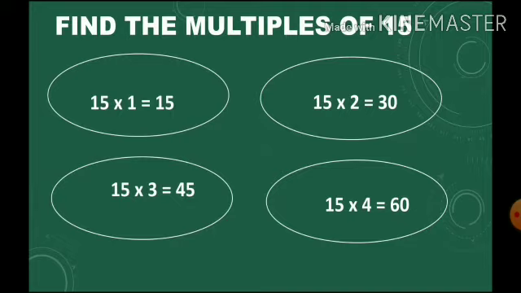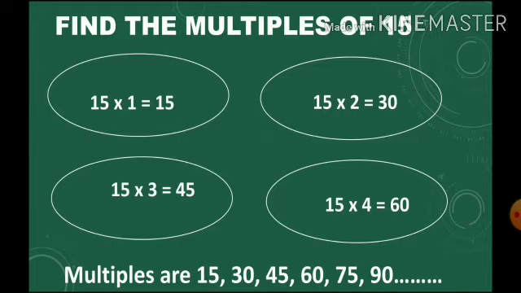These are the first four multiples of 15. So what are they? 15, 30, 45, 60, 75, 90, etc.